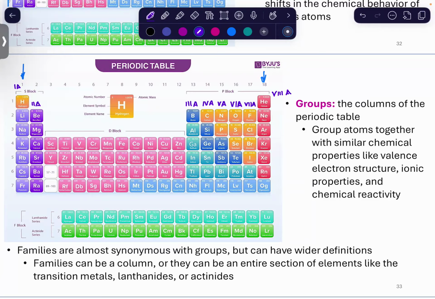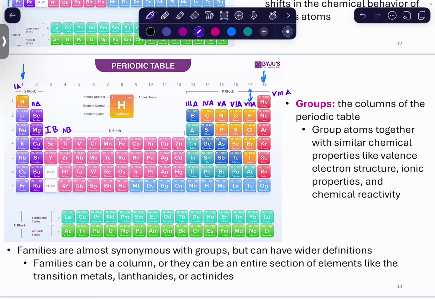A, of course, denotes your main group elements. So you can use columns 1 through 18, or you can use your A and then your 1B, 2B, so on and so forth. It doesn't really matter; it just depends on the periodic table you're looking at. I just want to make sure you realize that, for example, column 17 is the same thing as column 7A. It's really just how you look at it.